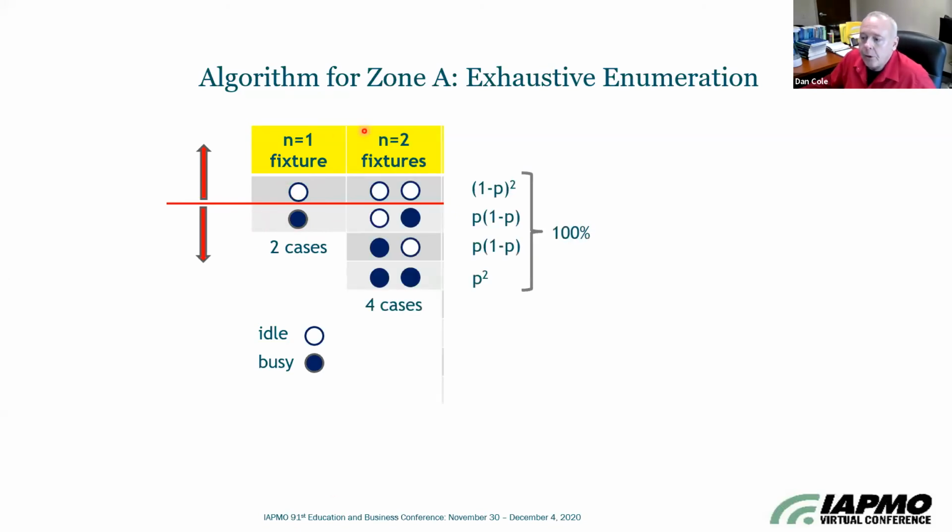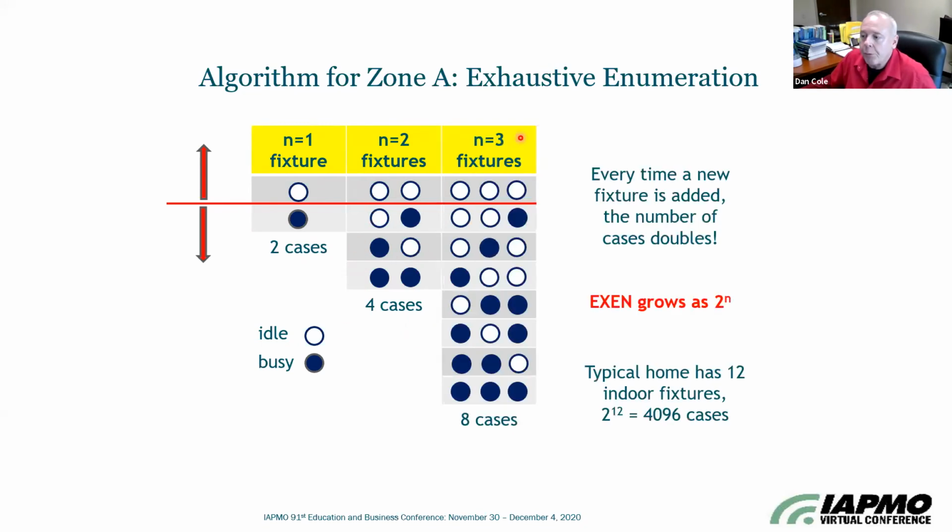If you have 2 fixtures, now you have 4 cases. Either both fixtures are off or both fixtures are on, or this one fixture is off and this one is on, or this one is on and this one is off. So you have 4 cases. If you have 3 fixtures, now you have 8 cases.